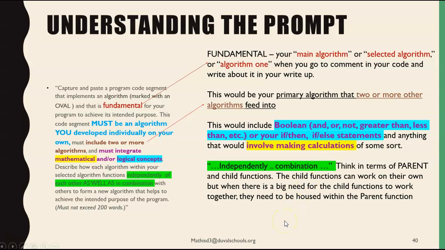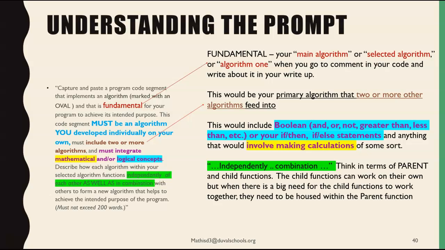Things that I'm quite convinced that you know how to do just based on the code.org work. Describe how each algorithm within your selected algorithms functions independently as well as in combination. So think in terms of parent and child functions. The child functions can work on their own, but there is a need for the child functions to work together when they're being housed by the parent function.